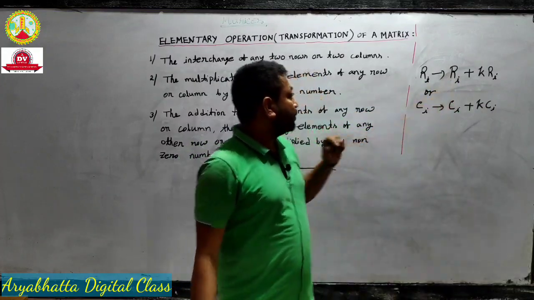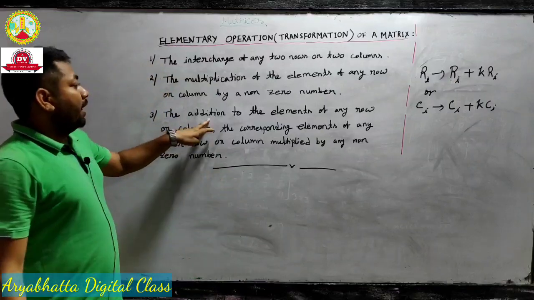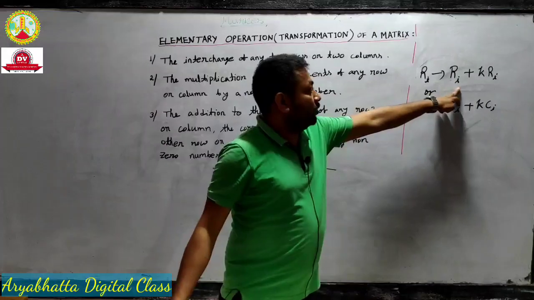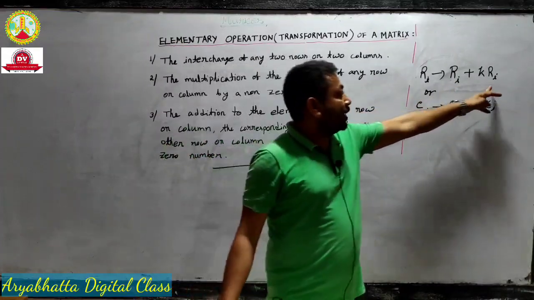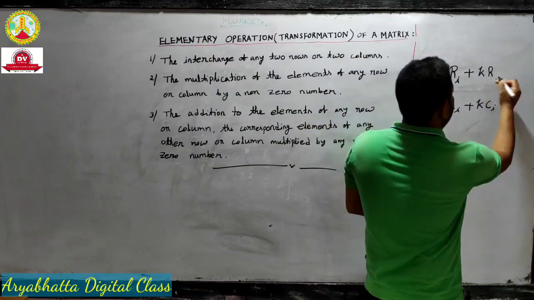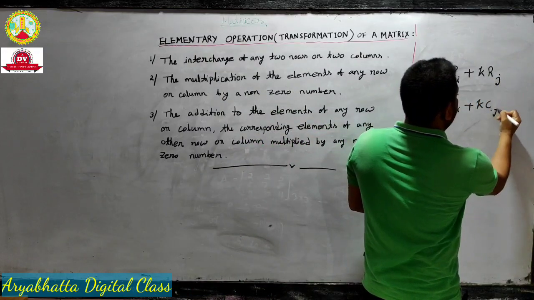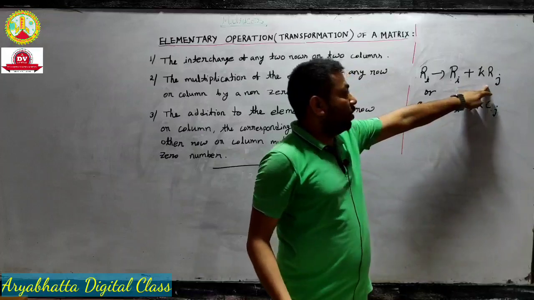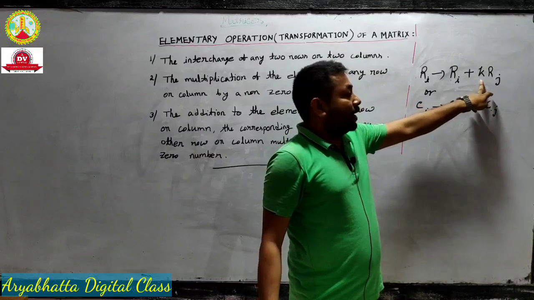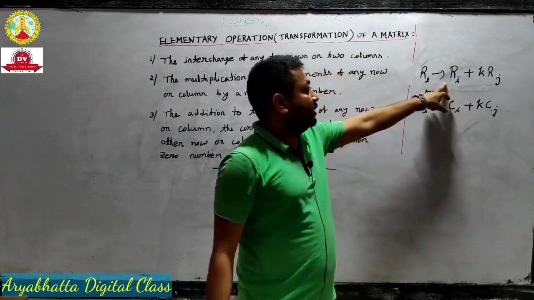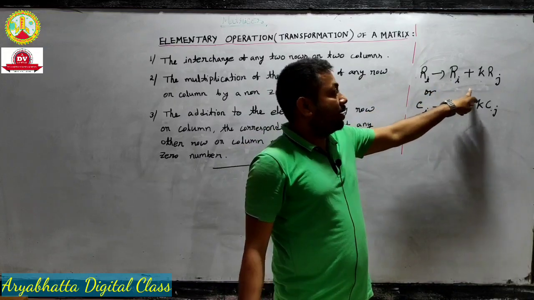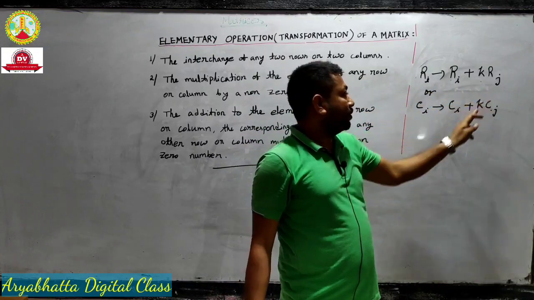That means addition to the elements of the ith row, the corresponding elements of the jth row multiplied by k, and it is denoted by Ri tends to Ri plus k into Rj.